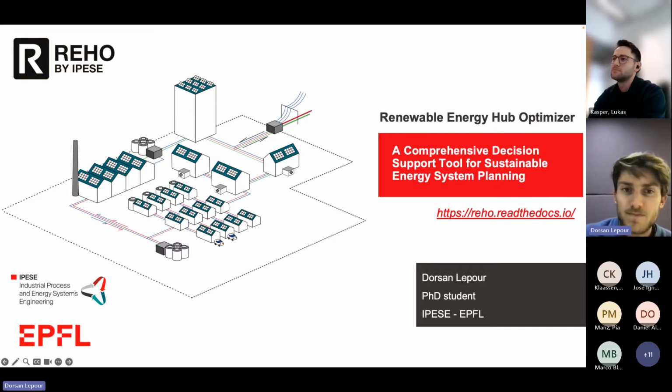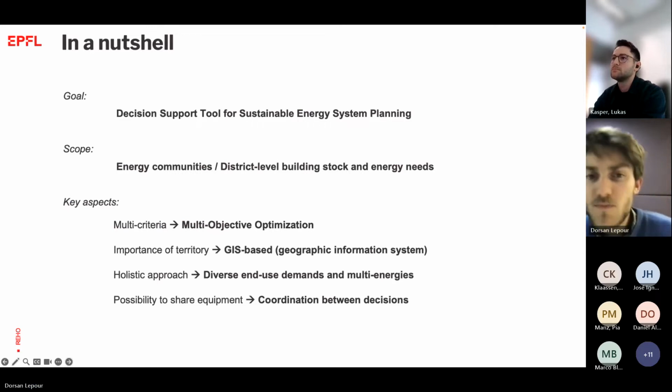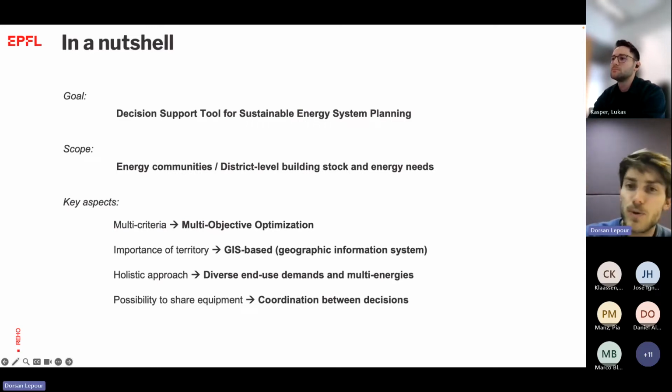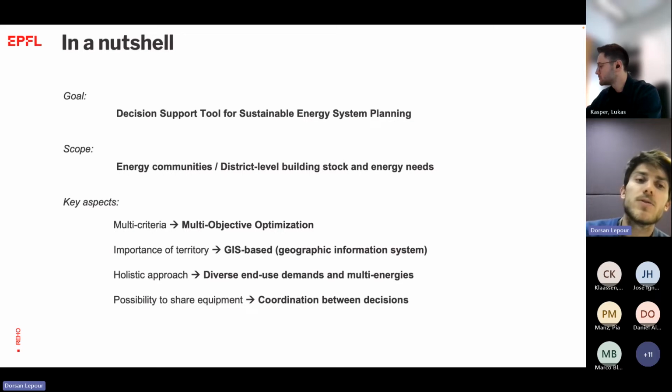So very briefly, in a nutshell, the goal was to develop a decision support tool for sustainable energy system planning with a particular focus on energy communities and district level building stock and energy needs. The key aspects, the perimeter for such a tool, would be that it should be multi-criteria, enabling multi-objective optimization.